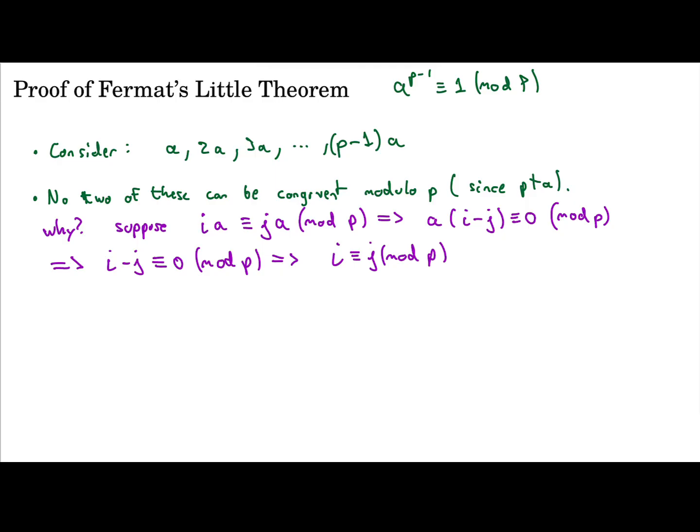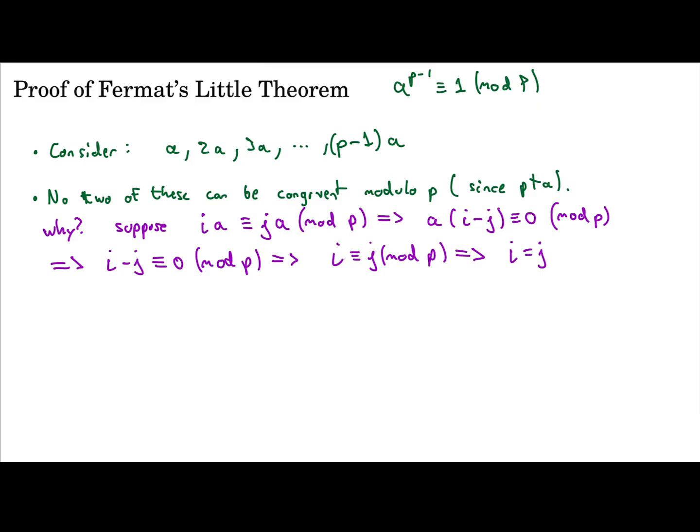So when you divide i and j by p, you get remainder i and remainder j. They get the same remainder, but they are in between 1 and p minus 1, which means that i has to be equal to j.